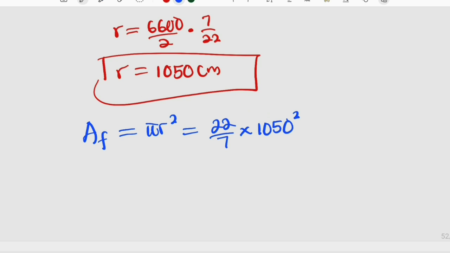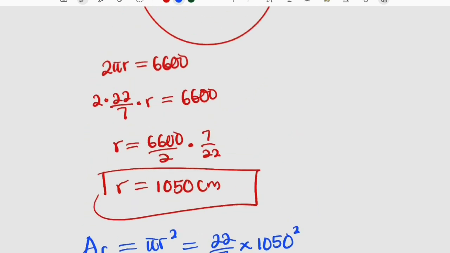Then you multiply that by 22, that will give us 24,255,000. Then you divide the result by 7, and that will give us 3,465,000 centimeters squared. So this is the area of the floor.